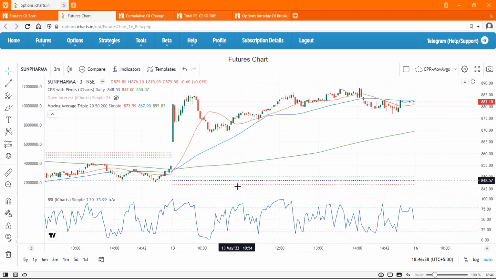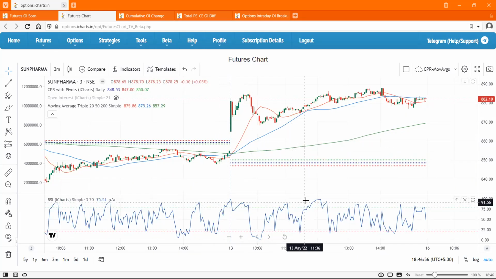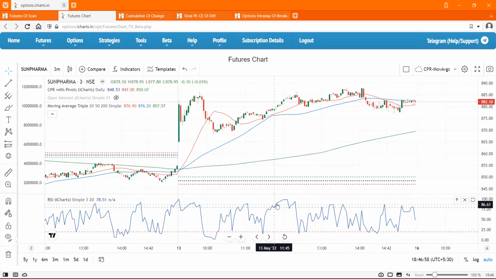You can add some quantity whenever it is going above 80, because once RSI hits 80, it is telling you that it wants to go up. If price is going up, your stock is bullish and it's above your moving averages, maybe above CPR and all that, everything is bullish, then you can just keep buying these points.